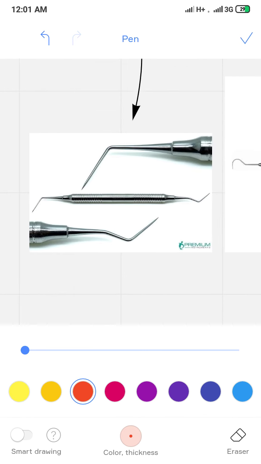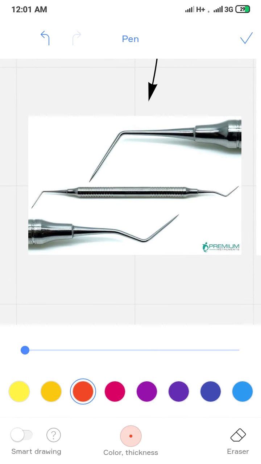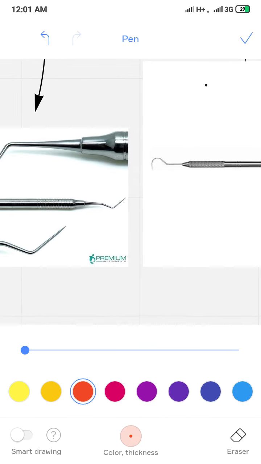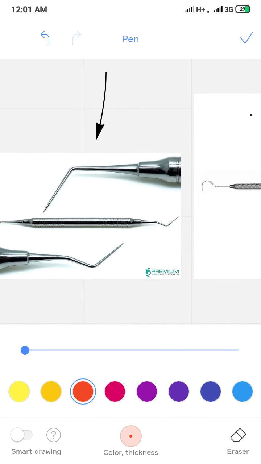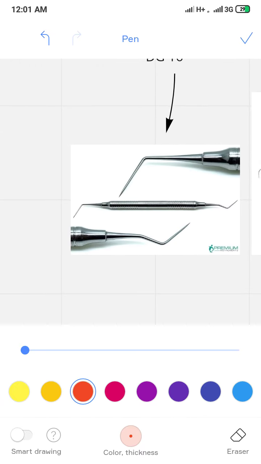Now DG16 is an expensive instrument. It's about $20. So there is another instrument, DG1623. DG16 is difficult to get in mesial canals.